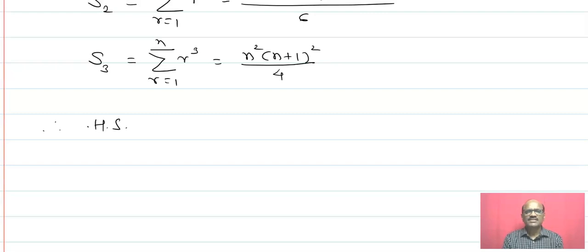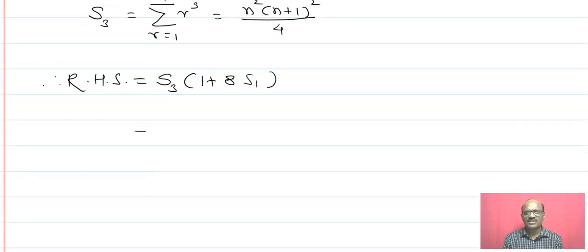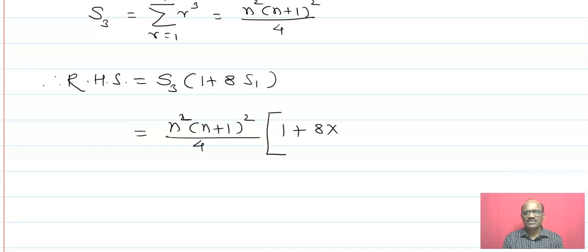Now consider the RHS here. Again writing the RHS is equal to S3 times (1 plus 8 into S1). Substitute the values. That is n square (n plus 1) whole square upon 4, into (1 plus 8 into S1), that is 8 into n into (n plus 1) upon 2.